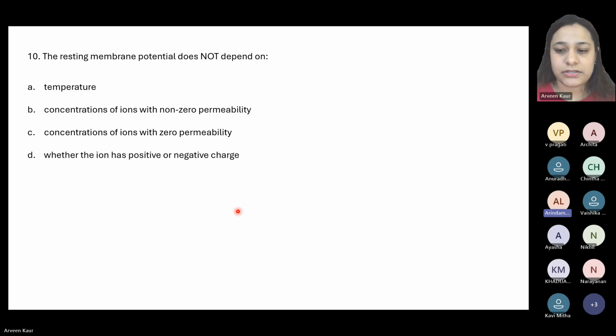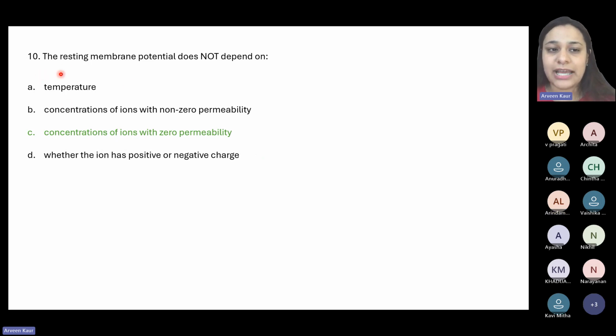Okay. So the answer for this one is that it is not going to depend on the concentration of ions with zero permeability, right? If the ion is not going to pass through at all, how will it depend on the resting membrane potential? On the other hand, the ions that are going to pass through, or have a non-zero permeability, will affect the resting membrane potential. Similar is the case with ions that have a positive or negative charge, that is also going to affect it.